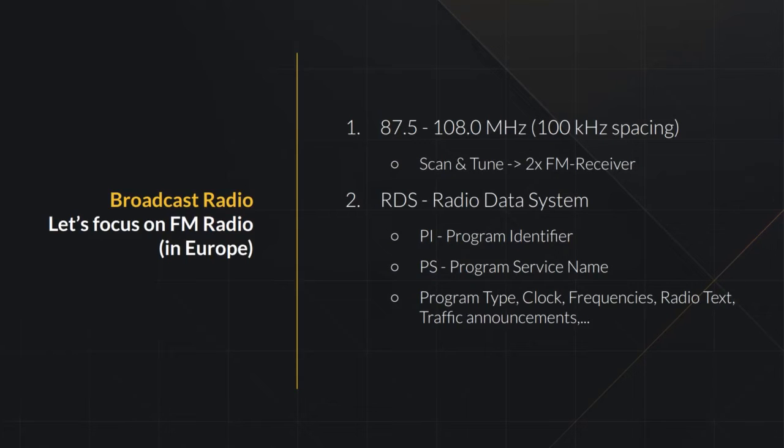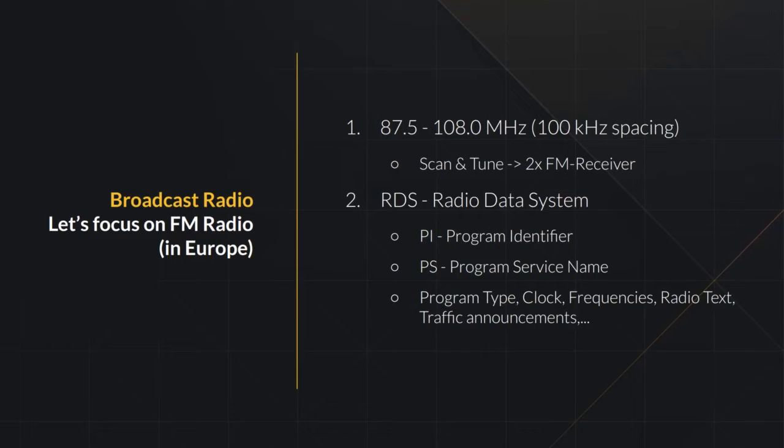Modern radios usually have even more, maybe 3 or 4 FM receivers, maybe multiple DAB receivers as well. But my project I'm aiming for 2 FM receivers for now.